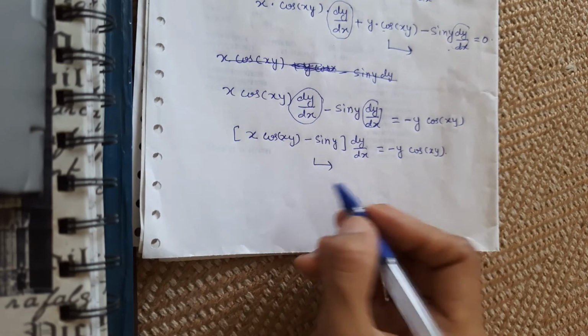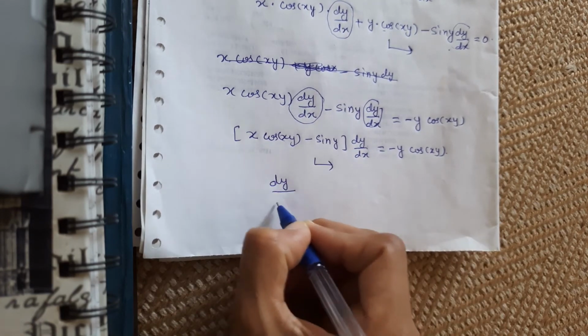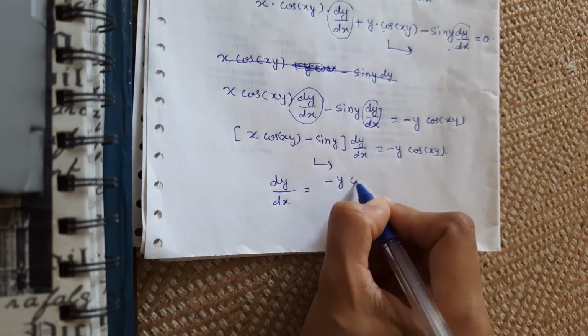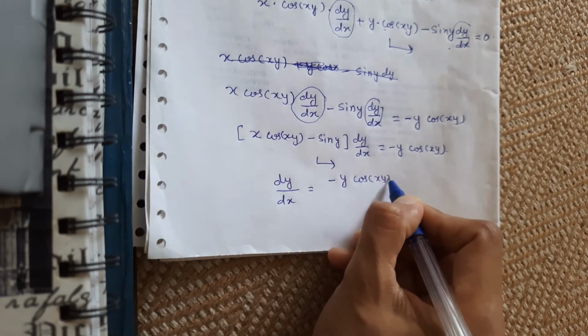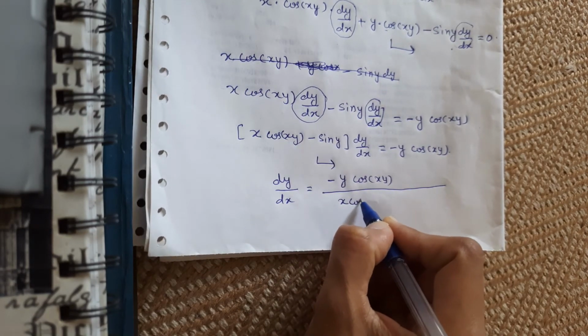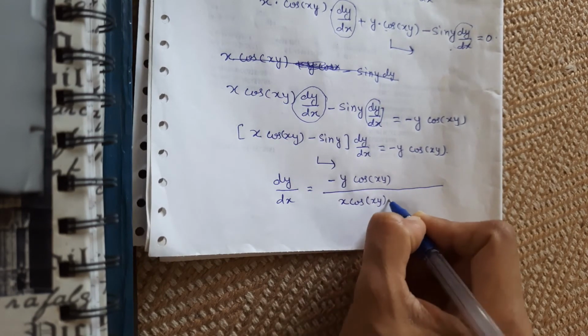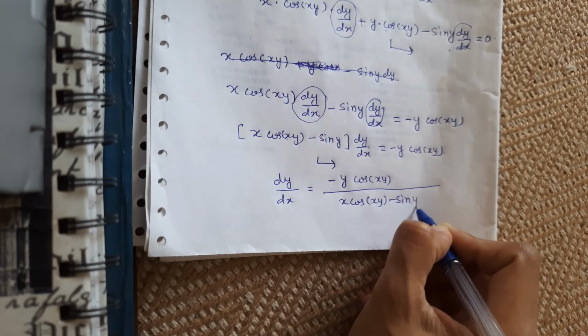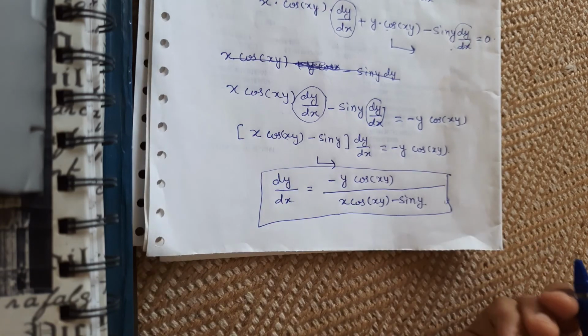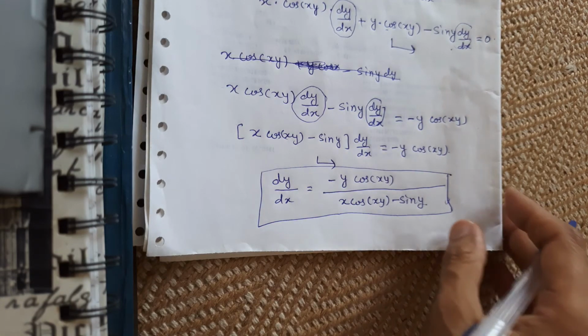Now shift this term and we are ready to get the result. So dy/dx equals minus y cos(xy) upon x cos(xy) minus sin y, and this is our final result.